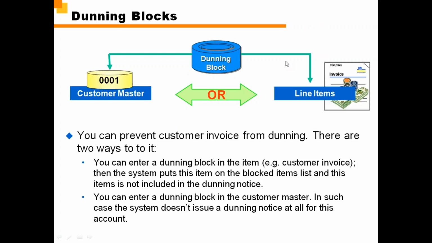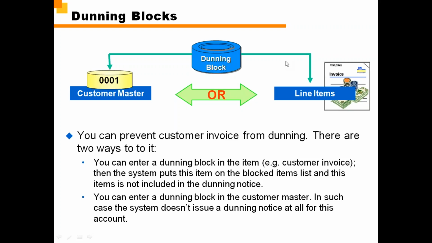Now here we have the dunning block at a line item level. For a particular invoice, for example, we have 10 invoices for that customer, and there are two invoices on which a dispute is going on. We want the system to print the dunning notices for the remaining 8 invoices.